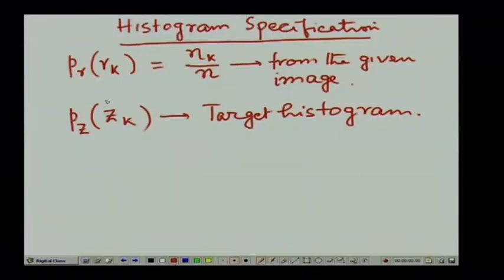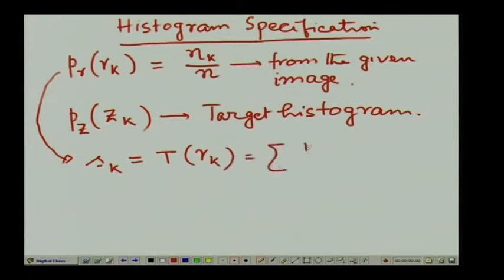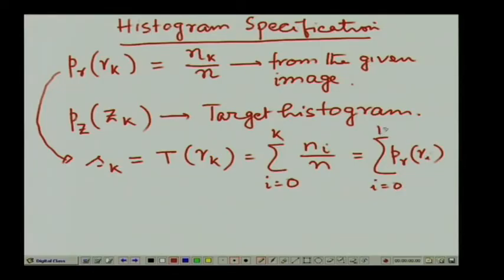In case of histogram specification, the process is done in this manner. Firstly, using this p_r(r_k), you find out the transformation function corresponding to equalization, and that transformation function, as we have seen earlier, is given by s_k equal to T(r_k), which is nothing but the sum of n_i by N, where i varies from 0 to k, which is obviously equal to the sum of p_r(r_i), i varying from 0 to k.